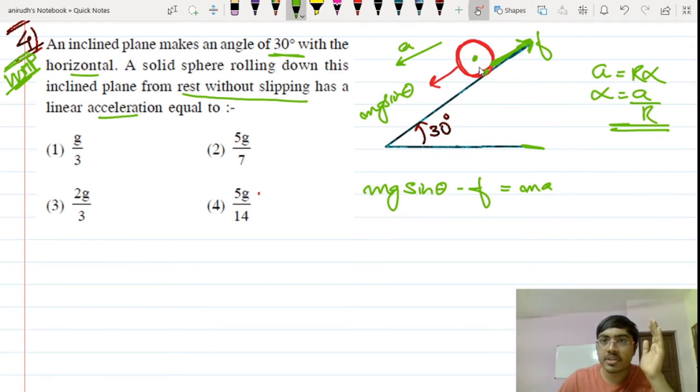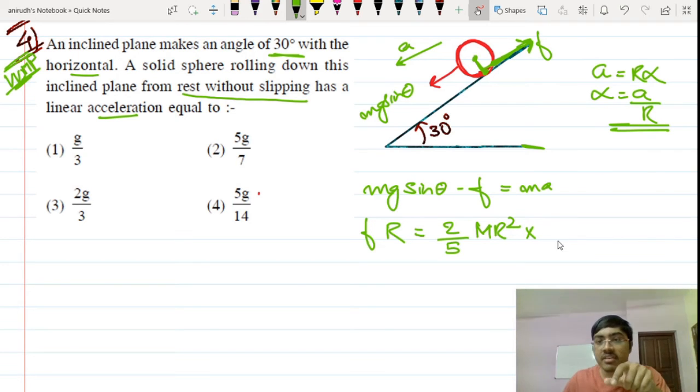The friction is producing a torque across the center of the sphere. So that will be r cross f, but the angle between r and f is 90 degrees. So I can write f multiplied by r is equal to I alpha, where I is equal to 2 by 5 mr square, since it is a sphere, multiplied by alpha, where alpha can be written as a by r, since it is rolling without slipping.